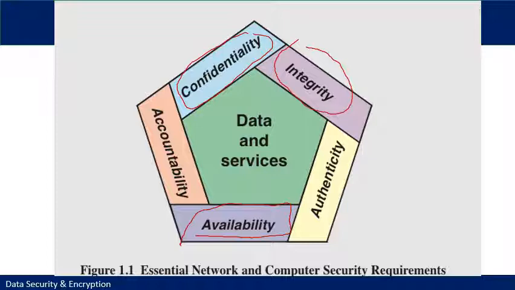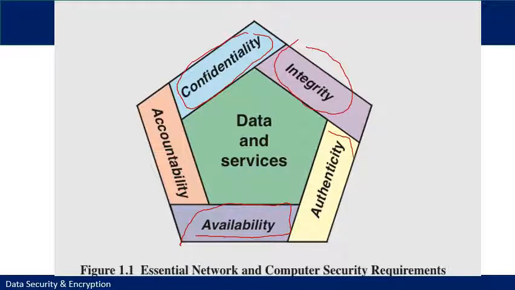Although CIA is enough to achieve a certain level of information security in the system, some further security constraints are also required in some systems to achieve a better security level. For example, looking at this picture, we will see two further concepts.